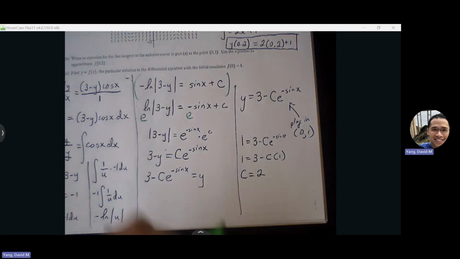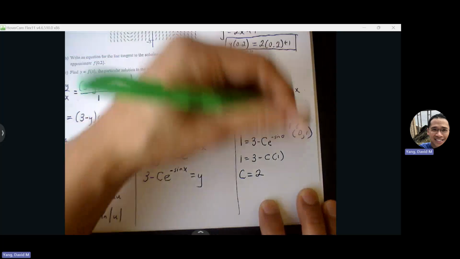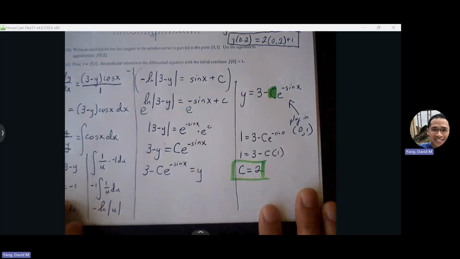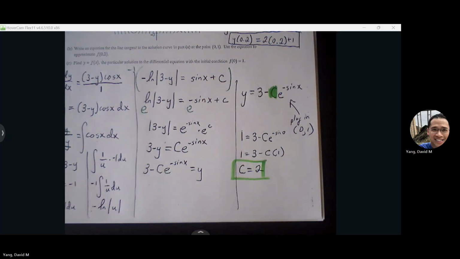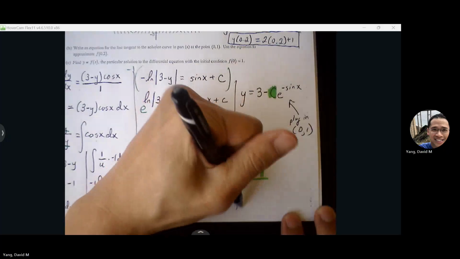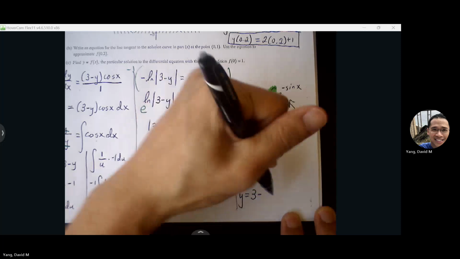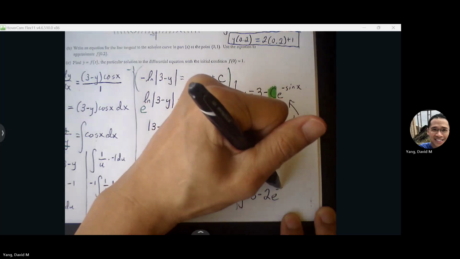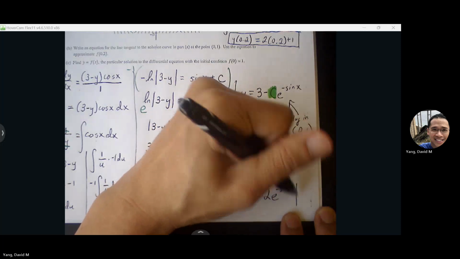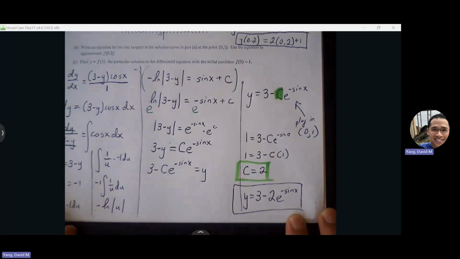And C is equal to 2. So I'm just going to update that C value with what I just found. There's my specific solution.